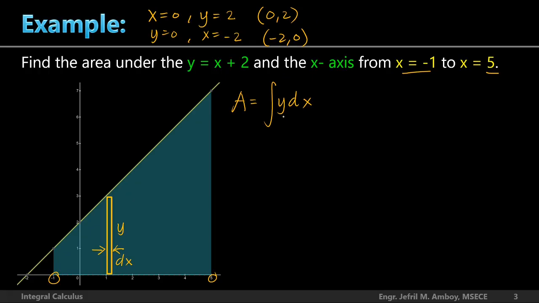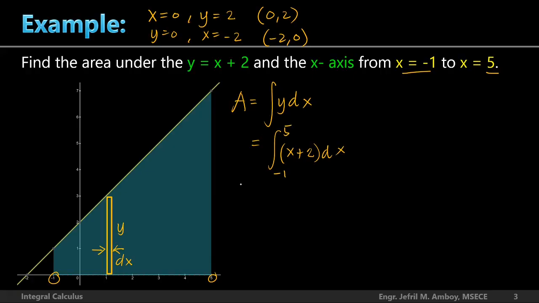So here, y will be replaced by x plus 2 because from the given function, y equals x plus 2. So I'll just copy that, x plus 2 and dx. Now, the lower limit is given, it's -1, and the upper limit is also given, the value is 5.